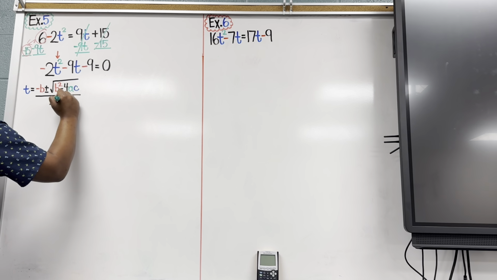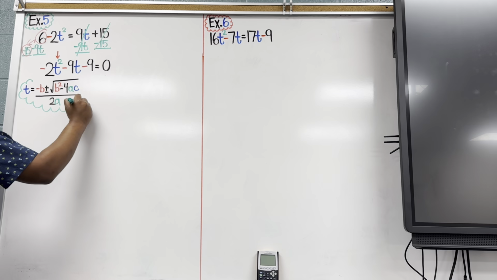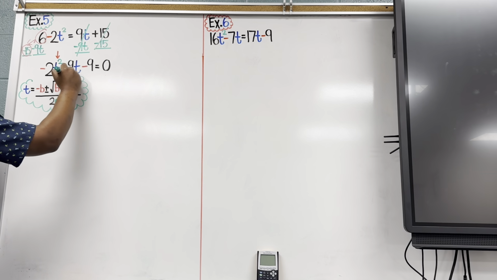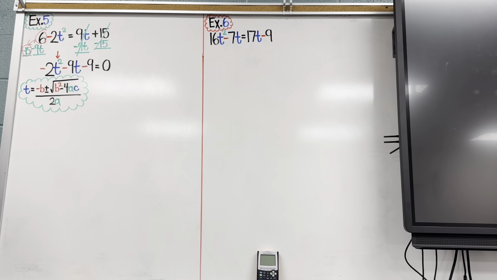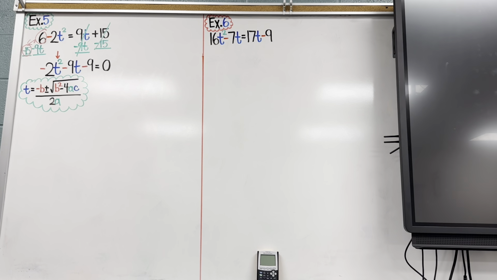This is the quadratic formula that we're going to use to solve this particular problem. We're solving for t, finding what 2 values, or what 1 value, t can be in order to make this whole equation equal 0. That's what we're basically doing.